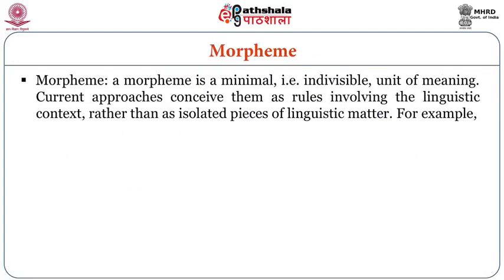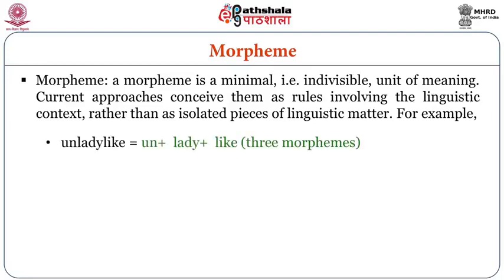Then what is a morpheme? A morpheme is a minimal, indivisible unit of meaning. Current approaches conceive them as rules involving the linguistic context rather than as isolated pieces of linguistic matter. For example, if I say unladylike, there are three morphemes: un, lady, like.